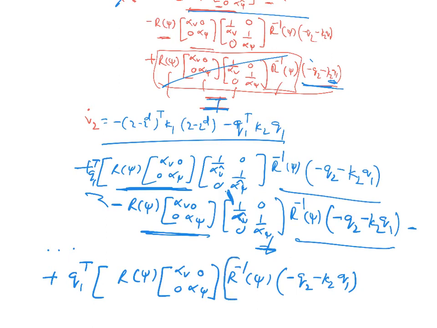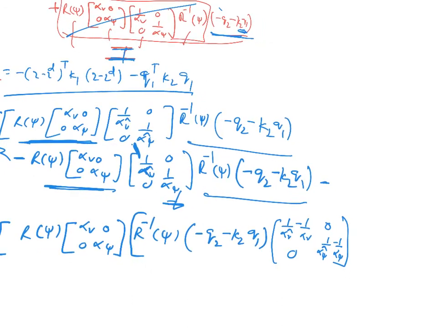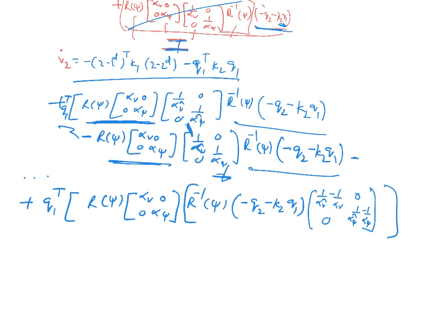What I forgot was, basically you can write 1 over alpha V hat minus 1 over alpha V 0 0 1 over alpha psi hat minus 1 over alpha psi, multiplied by this, or multiplied by the outer one. So this red thing is this bracket, one more bracket.